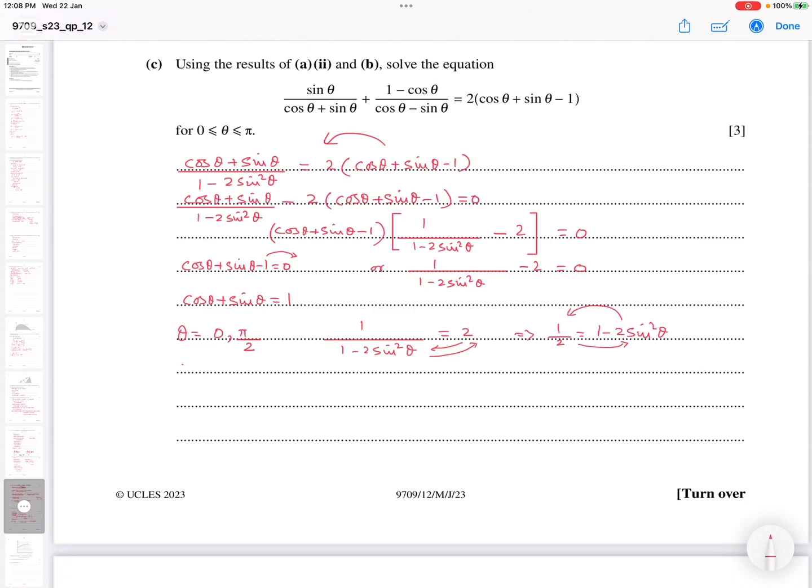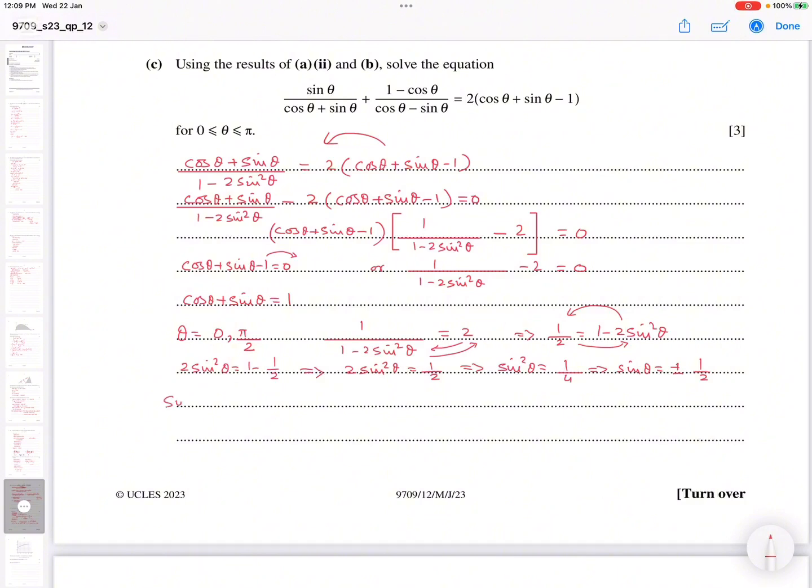So you can write 2 sine square theta is equal to 1 minus 1 over 2, and this will become 2 sine square theta is equal to 1 by 2. So sine square theta is equal to 1 over 4, and from here sine of theta would be equal to plus minus 1 by 2.